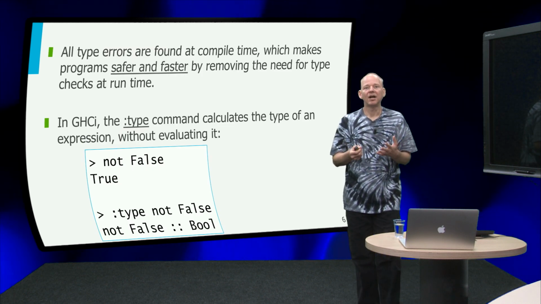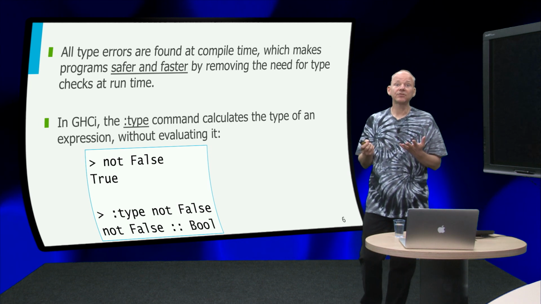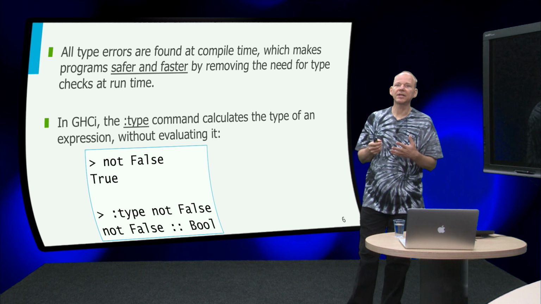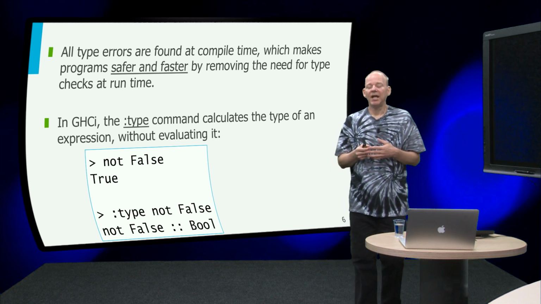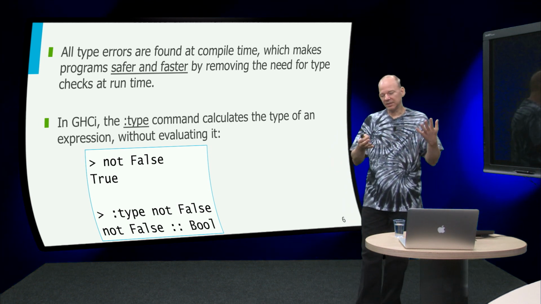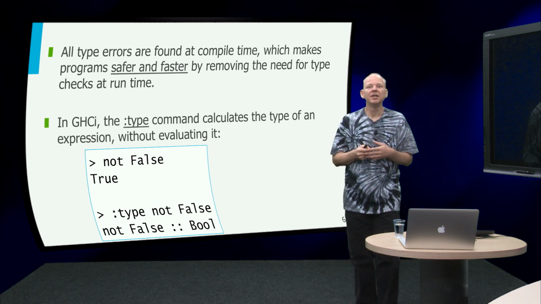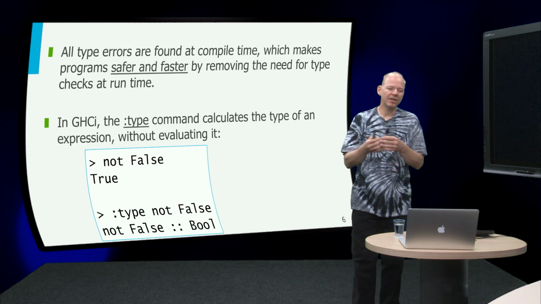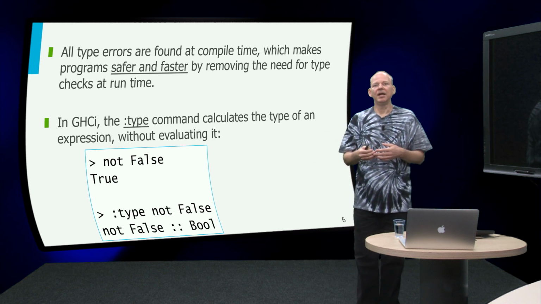Type errors are also in Haskell found at compile time, as in most programming languages. And opinions differ about whether you have to have static typing or dynamic typing or optional typing.